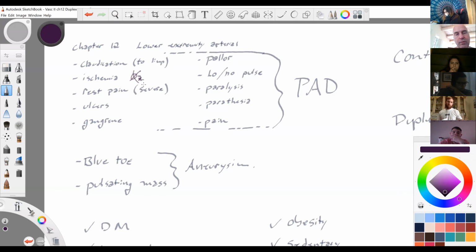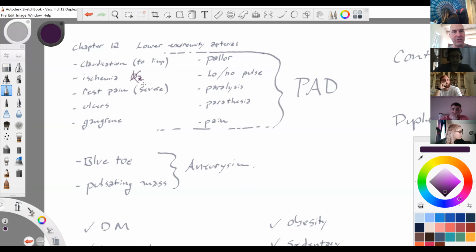Rest pain: if you have peripheral arterial disease and even when you're resting, laying down two hours, you're still in pain, that's really bad. That means that even when your body should be relaxed, those arteries are still wide open. They're still trying to get oxygen, so it's not just during exercise.